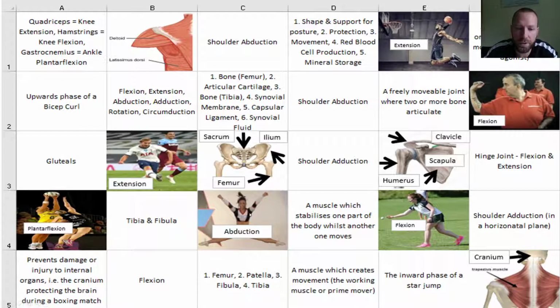Another tricky one, it asks the movement at the hip and the shoulders. You can see in this almost doing the splits position and the arms raised away from the body. That was abduction because the limbs are away from the body. If they're closed in to the midline, that would be adduction.